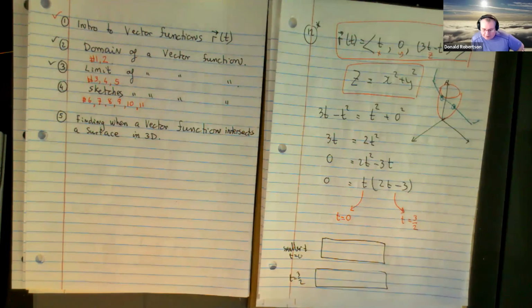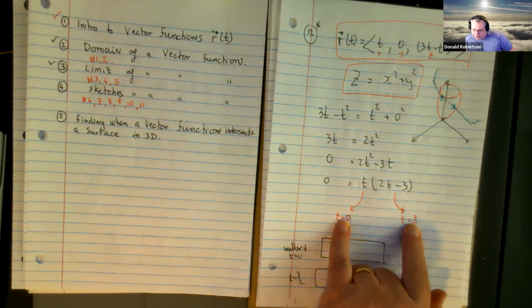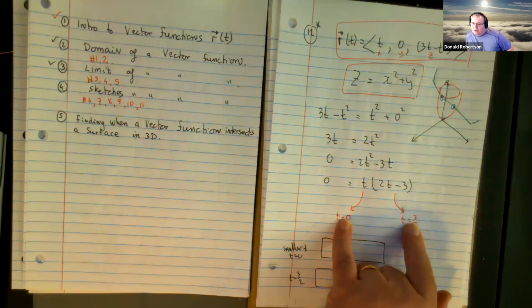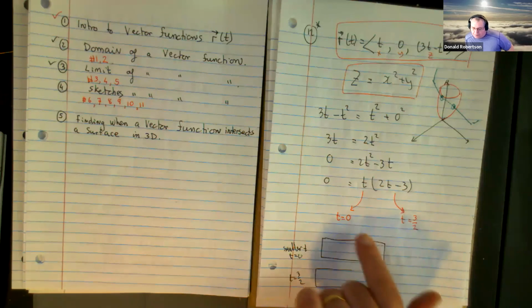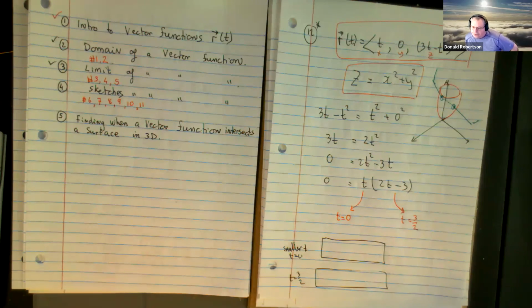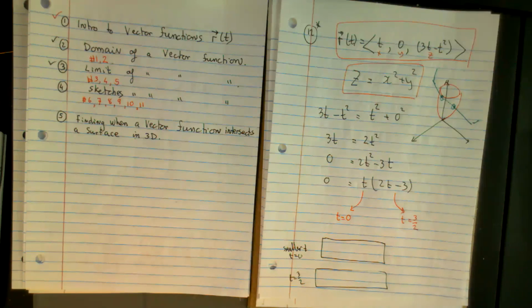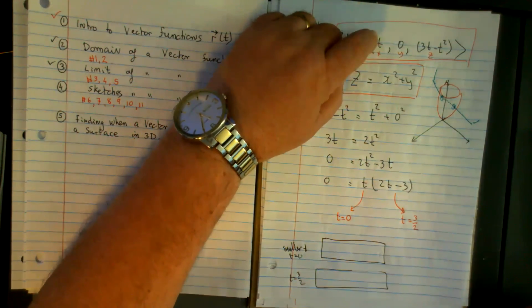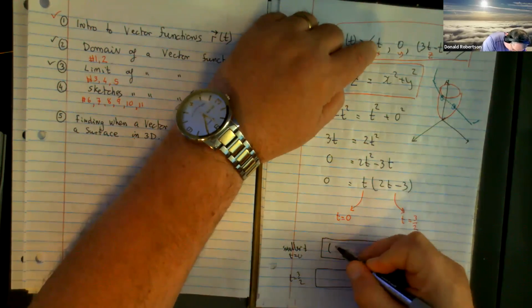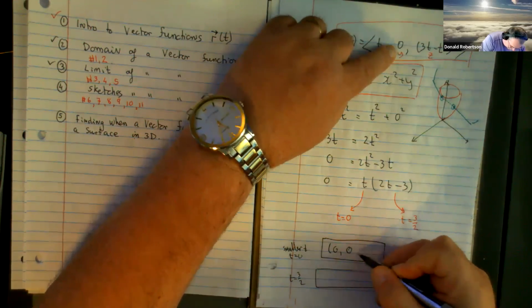So how do I now find what the coordinates are? I found the t values where the curve meets the surface, but how do I get that information and convert it into coordinates of where these things are? You plug it back into the original function that you just made, right? Yeah, so t is 0, gets me 0, that's still 0, and that's 0.